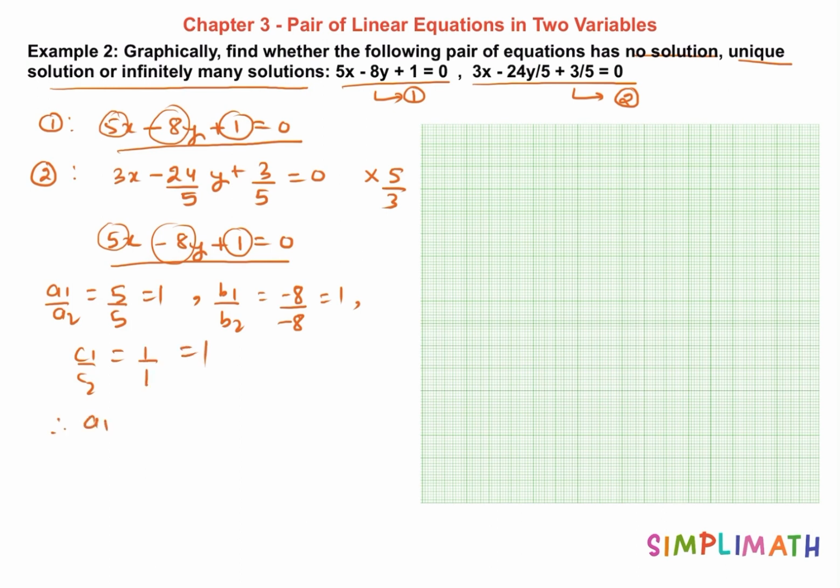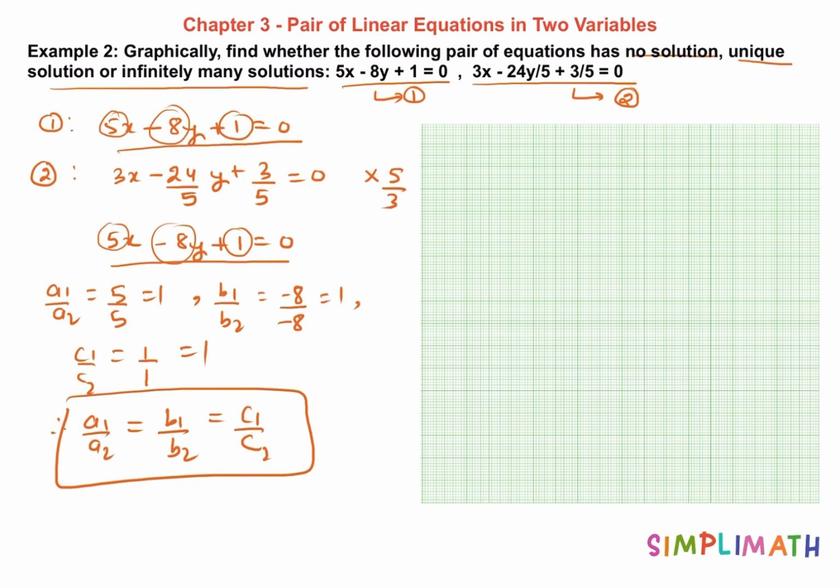So I can say that a1 by a2 equals b1 by b2 equals c1 by c2. This is possible when there are infinitely many solutions. We have already done this in section 3.2. And this means that when we plot these two equations on the graph, the lines coincide with each other. All right.